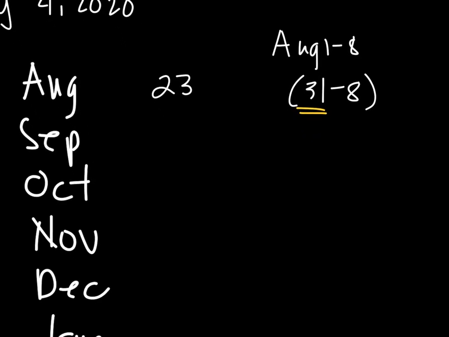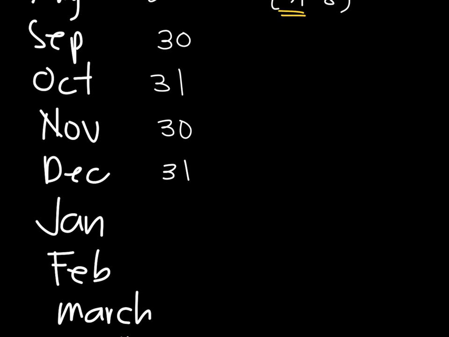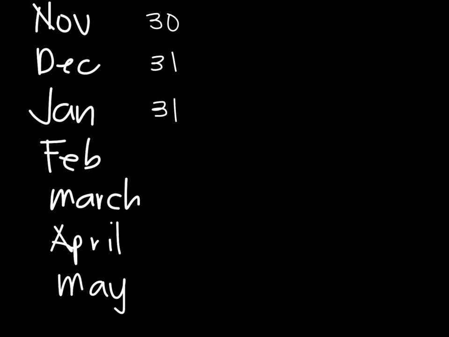September has 30 days. October has 31. November has 30. December has 31. January has 31. And then February, since this is exact time, 2020 is a leap year, so instead of 28 we have 29. March has 31 days. April is 30.